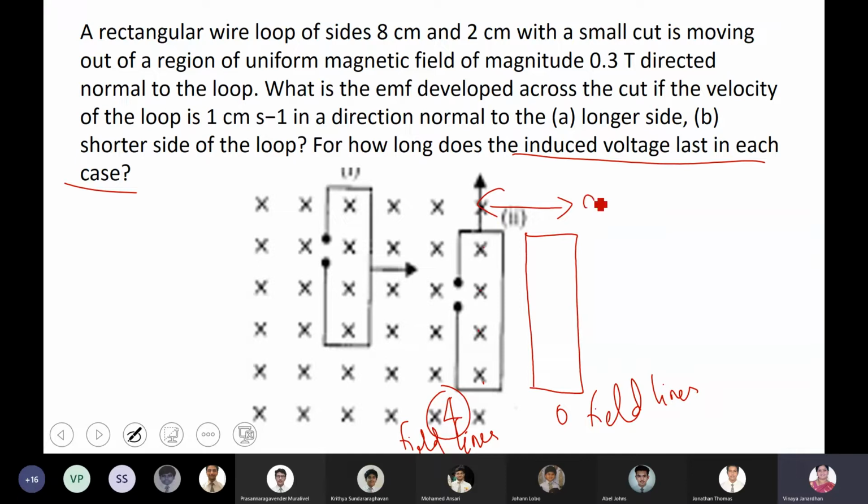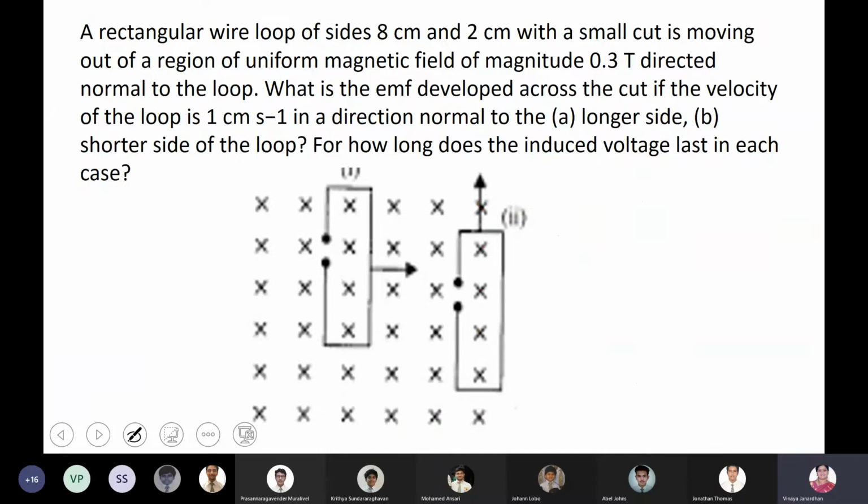What is the distance traveled? Distance traveled will be equal to the breadth. See, the flux is changing from a value of 4 to 0 until the loop travels a distance of b meters. So time will be equal to distance by velocity. So the time for which your EMF is going to last is b by v.